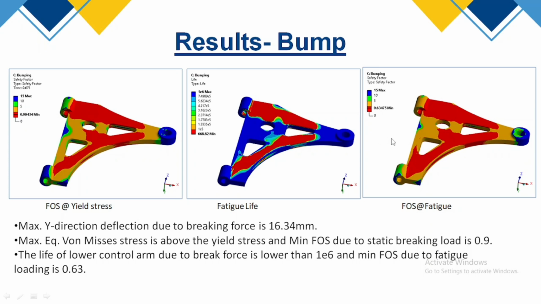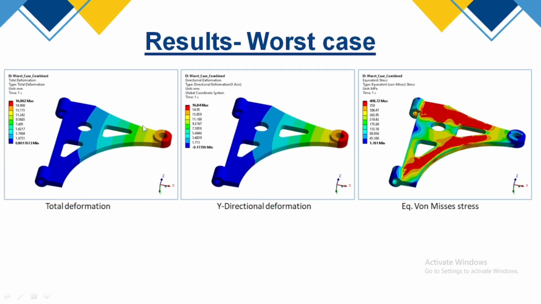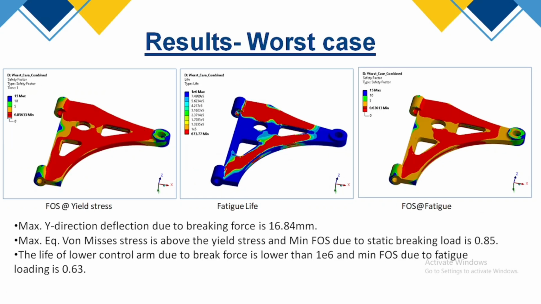And if we look at the worst case, we can see from these results that the bump load result is dominant, and we are getting a similar result in the worst case also. Again, the factor of safety here is more influenced by the bump load case.